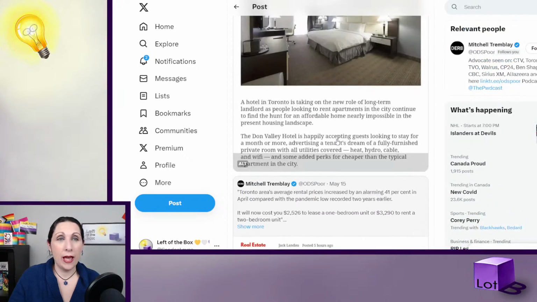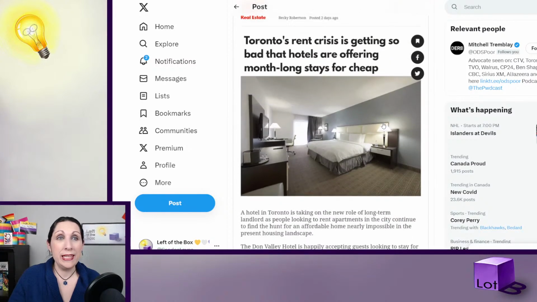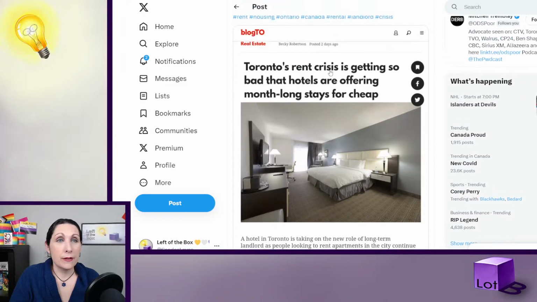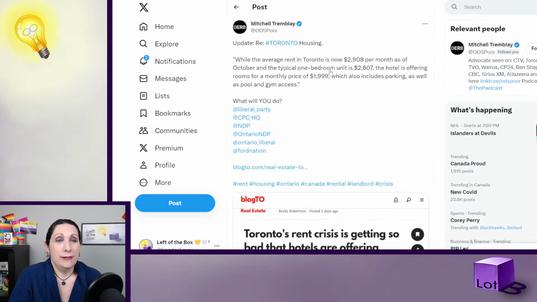It just keeps on going up and up and up. And it leads us to, you know, other corporations looking to cash in on it by offering slightly cheaper rooms in a freaking hotel. Like, where do you even go with that?